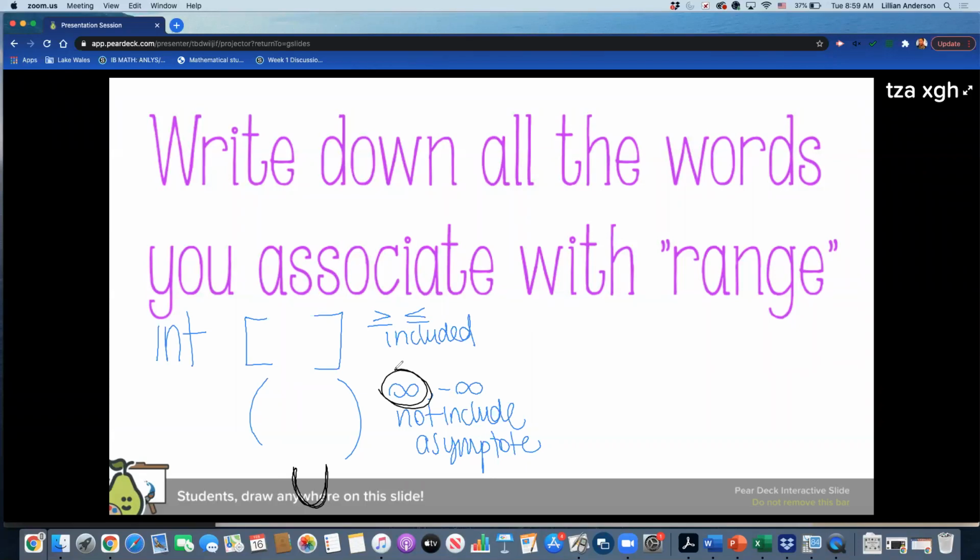Okay, but in set notation, we didn't use infinity. We didn't use union. Instead, in set, remember that's with the curly brackets, we would use X for which values? The domain. We would use Y with the range.